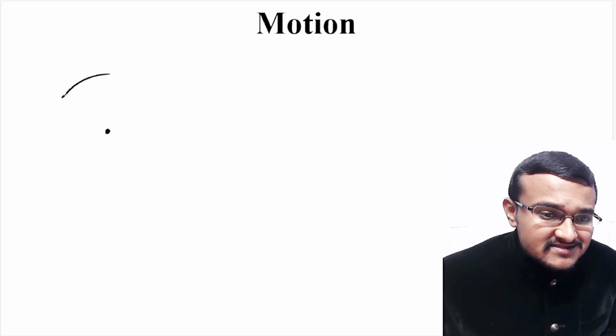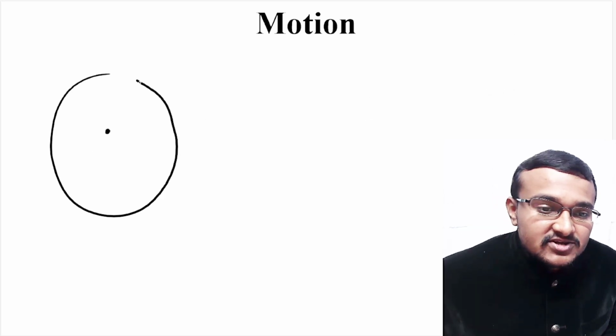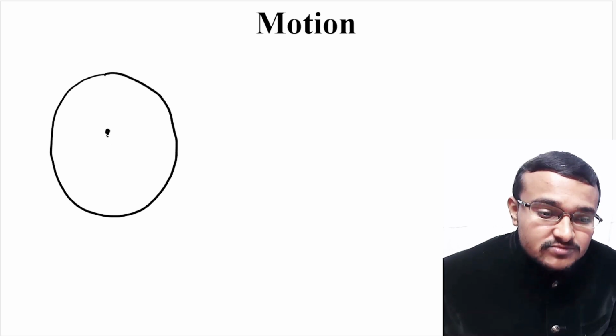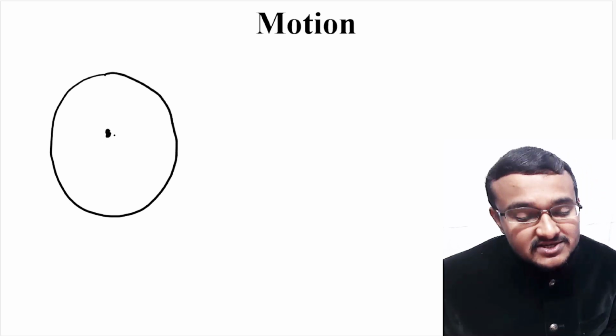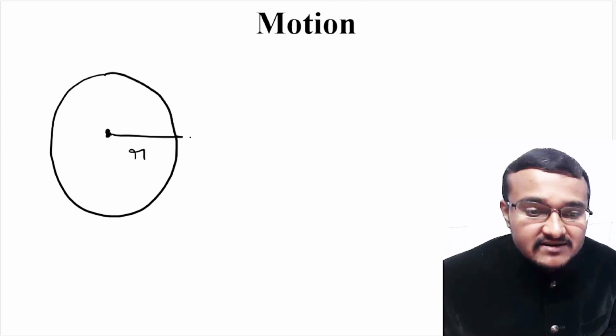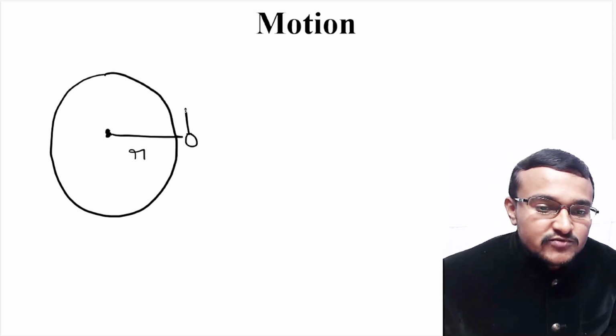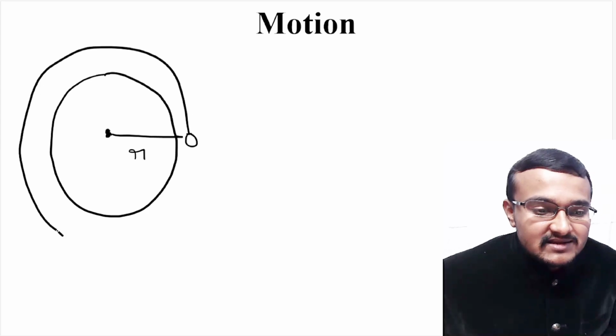Now let us say there is a circular path, and let's assume this is the center of the circle. This circle has radius r, and an object or a car is moving on this circular path like this.